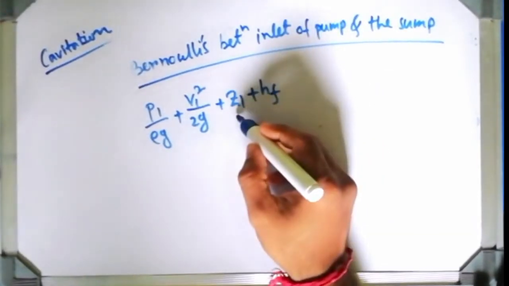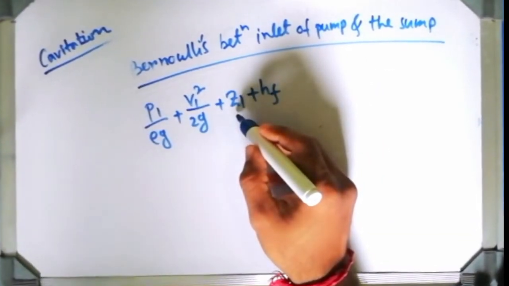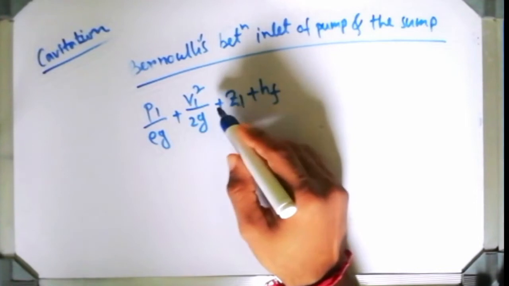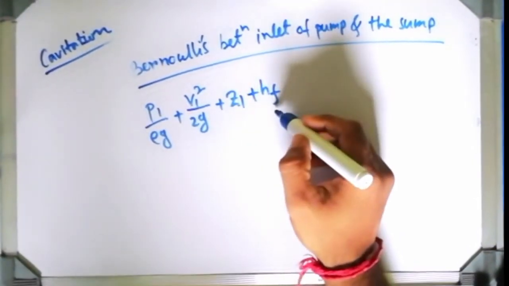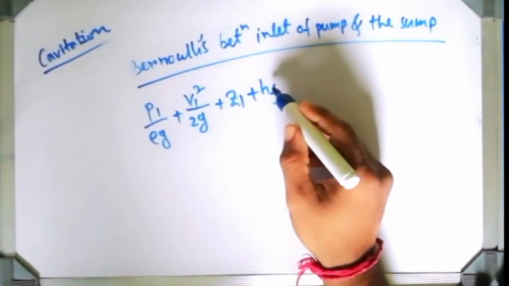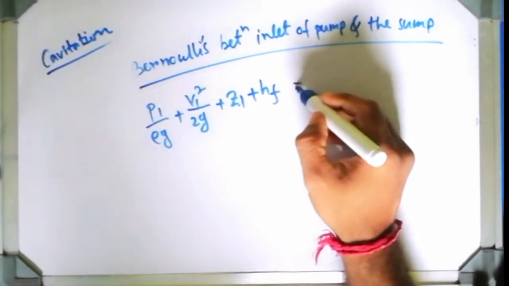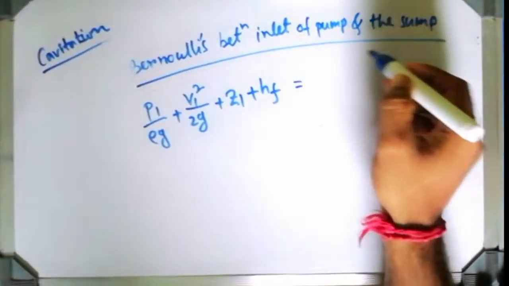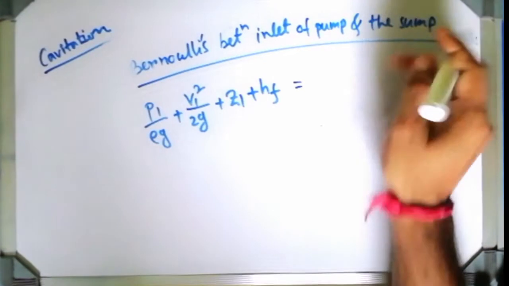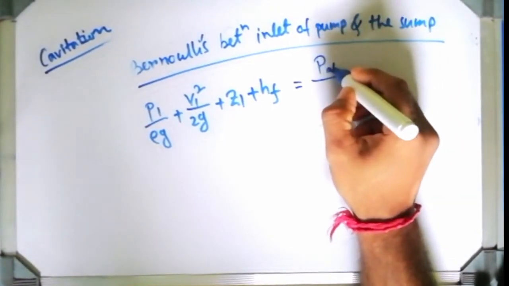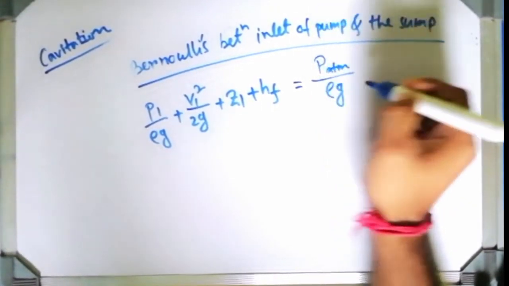Z1 is the elevation of the inlet of the pump from the datum surface. HF is the head loss due to friction in the suction pipeline, and on the right side I am writing the Bernoulli's equation for the sump. For the sump there is atmospheric pressure acting, so P atmospheric by rho g.